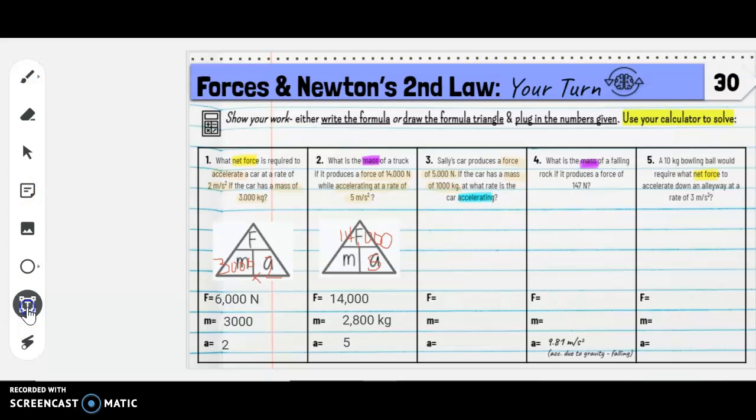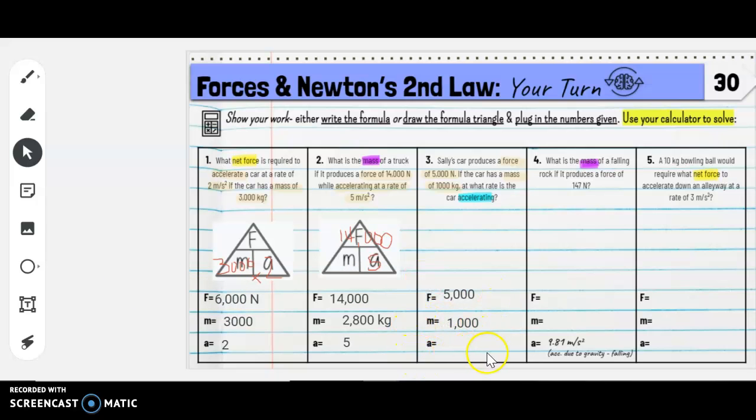So again, first we'll write down the variables that we know. So the force is 5,000. And then the mass of 1,000 is also given to us. So m is 1,000.